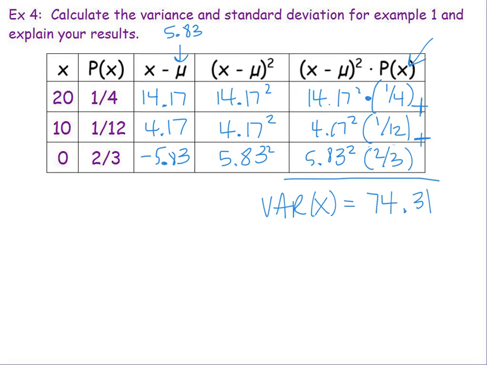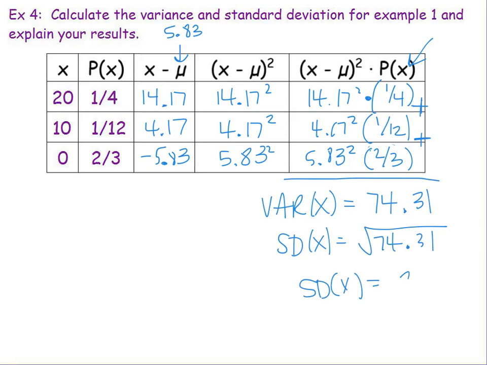Then, to get our standard deviation for x, we need to square root 74.31, and we get $8.62. And that's your standard deviation.